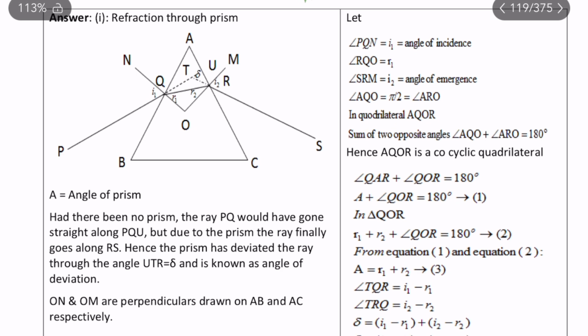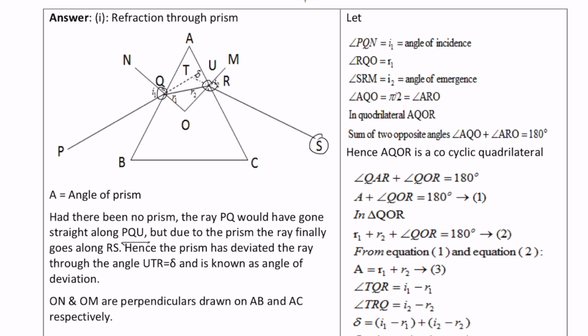Okay. So the principal section of the prism is represented by ABC. A is the angle of prism. Now, had there been no prism, the ray would have gone straight along PQ. Because of this prism, refraction happens at Q, refraction happens at R, at these two places, correct? And finally it emerges in this direction.